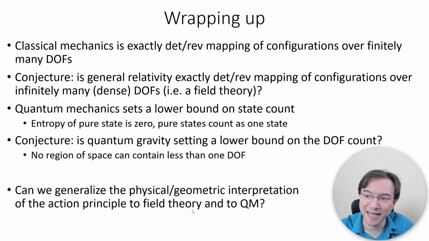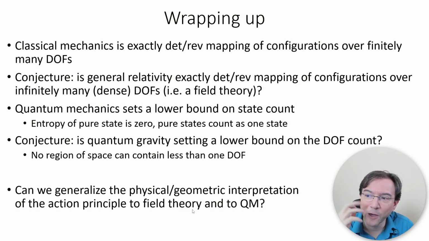Then we saw that quantum mechanics sets a lower bound on the state counts, because the entropy of a pure state cannot be less than 0, and pure states have to count as one state. That's what quantum mechanics fixes. And then the question is, is quantum gravity basically just setting a lower bound on the degrees of freedom, so that we can have states and even vacuum states with regions that have a count of configurations that is less than 1?